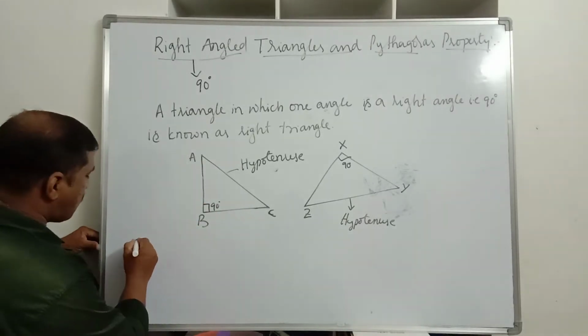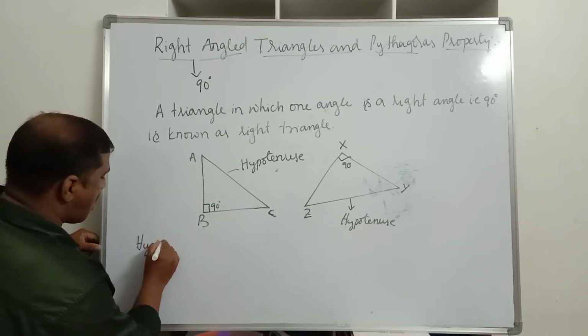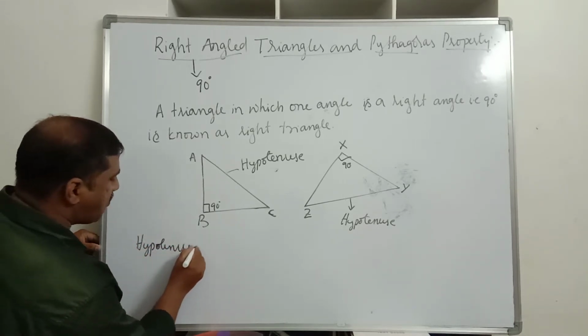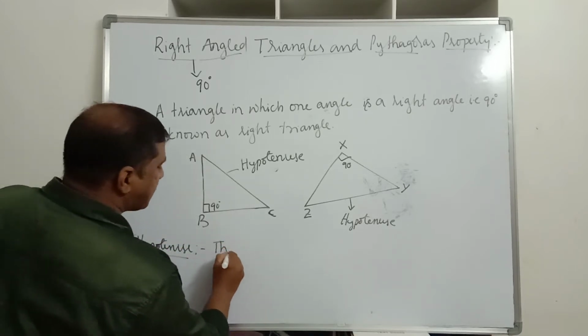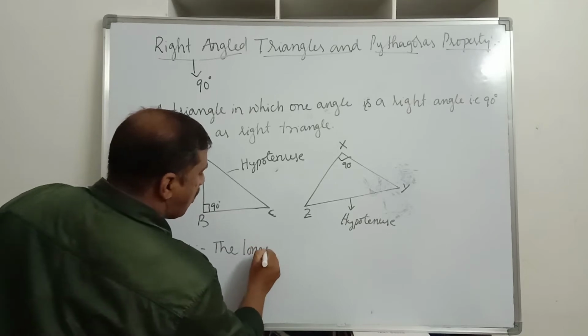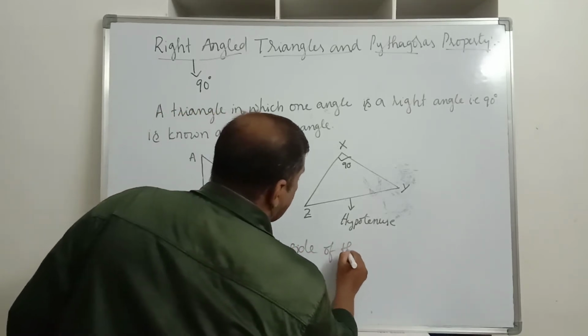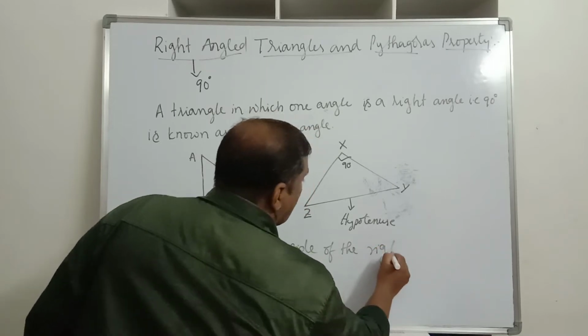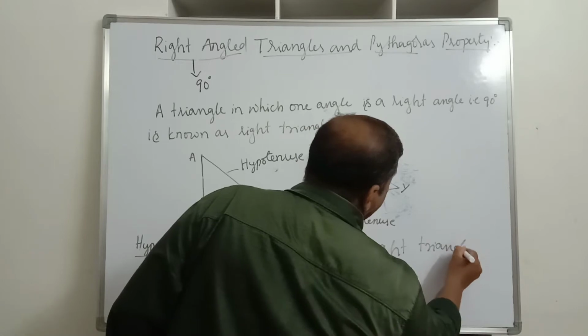So now, what is the hypotenuse? Let us study the definition here. The hypotenuse is the longest side of the right triangle.